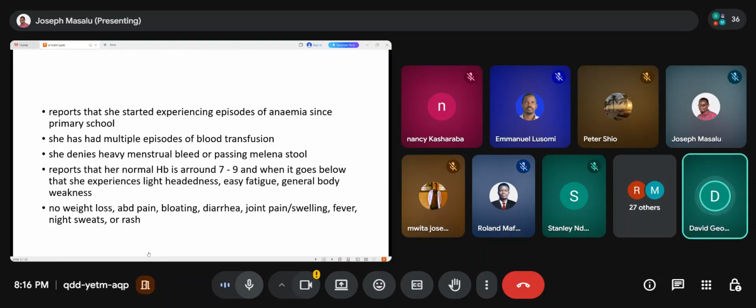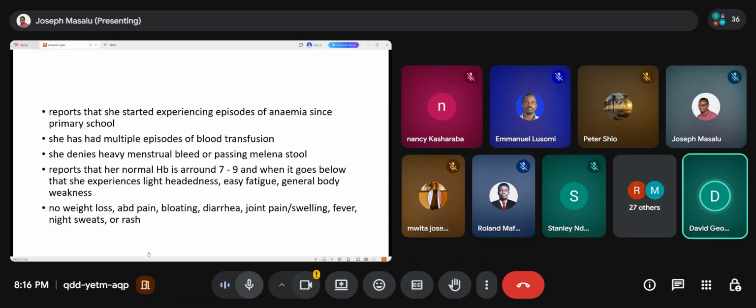Still with this history, we just know that this is something chronic, and therefore we may not entertain those acute issues like acute blood loss. Although yes, if a patient has ongoing episodes of blood loss, which are not very drastic, then they can eventually end up with iron deficiency.